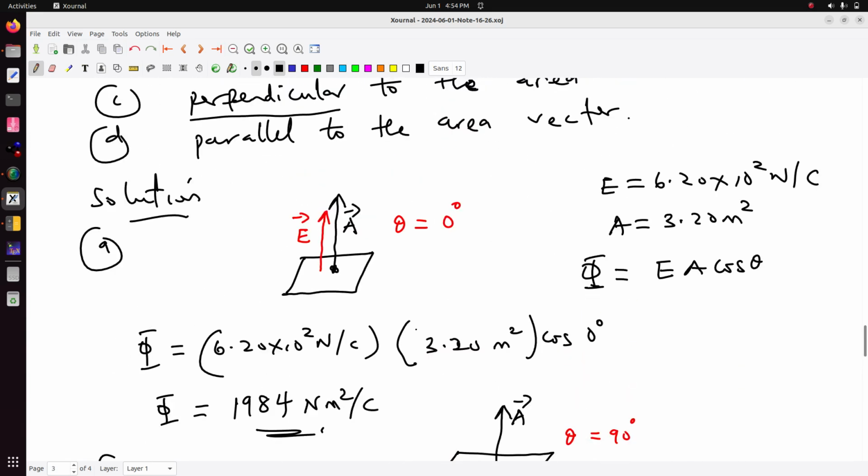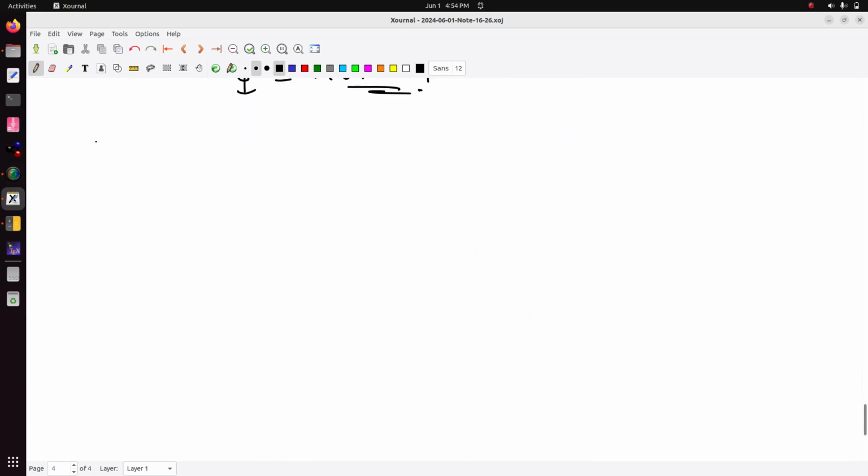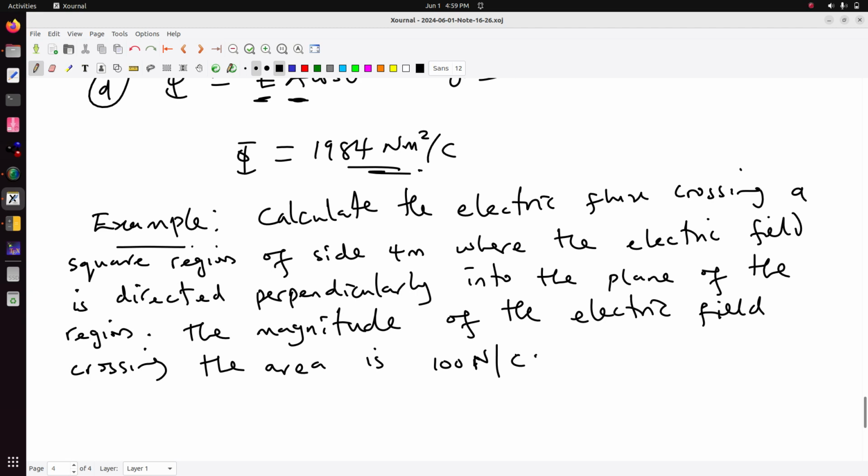Okay, let me give another example. Alright, so this is the question. Calculate the electric flux crossing a square region of side 4 meters where the electric field is directed perpendicularly into the plane of the region.